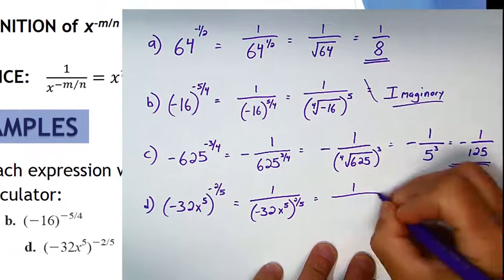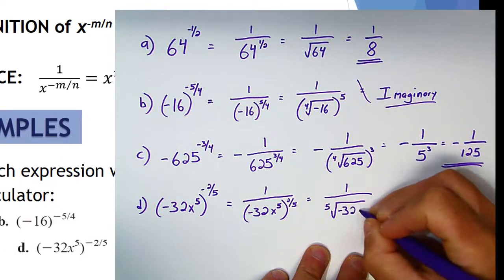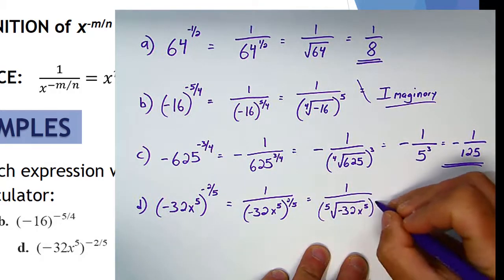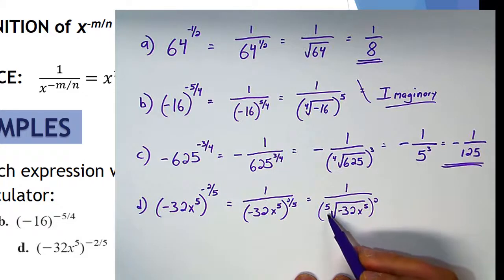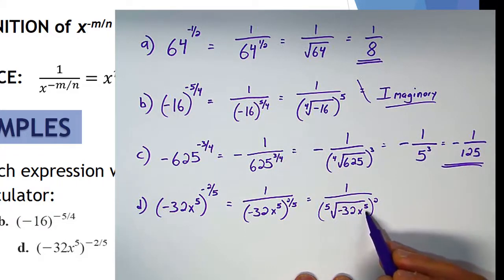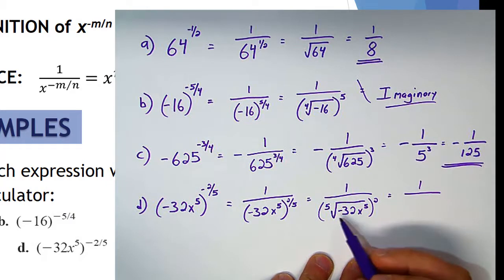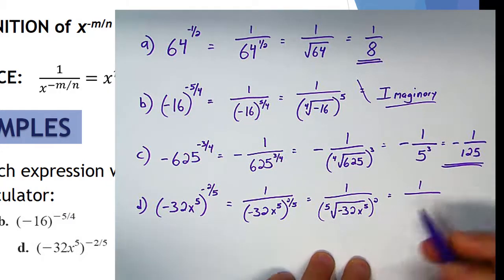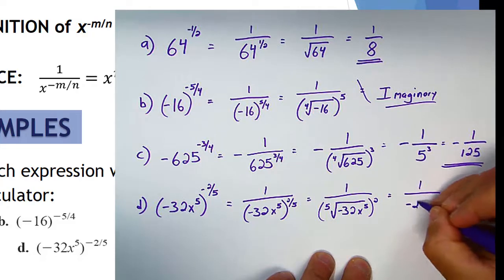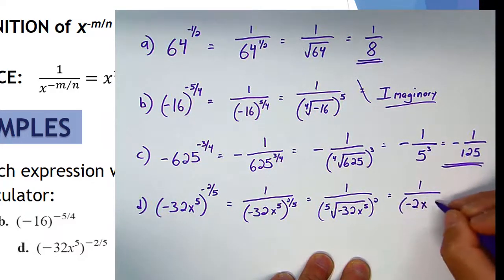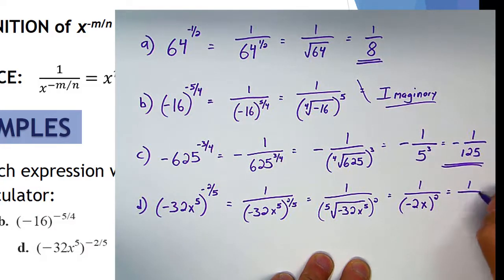And that's the same as 1 over the 5th root of negative 32x to the 5th, and then we're going to square that. That's the same as 1 over, let's see here, the 5th root of negative 32, that's negative 2. And the 5th root of x to the 5th, that's going to be x. So 1 over negative 2x, but we still need to square that. And this becomes 1 over 4x squared.